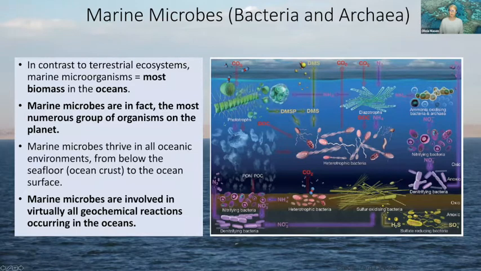And so this is giving you an overview of many of the roles that microbes play in biogeochemical cycling. So you have microbes that are interacting with phototrophs. You have microbes that are heterotrophs, that are degrading organic matter. And what we're going to focus on today is actually this group right here.